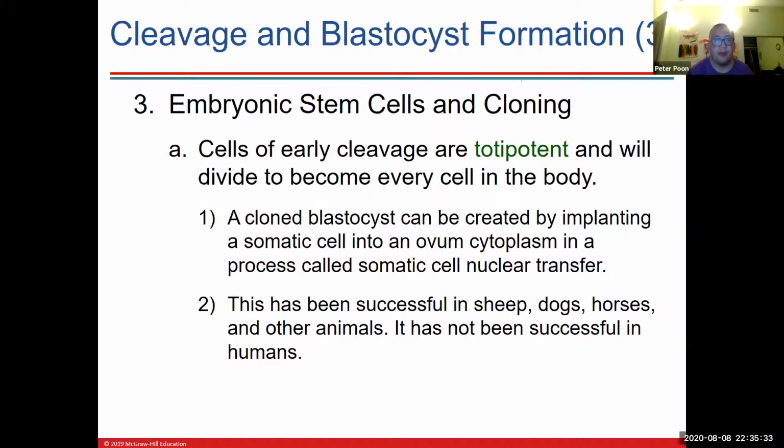This stuff is successful in sheep. I mean, if it's successful in horses and stuff, it's going to be successful in humans. The only reason it hasn't been successful in humans is because we can't do it, morally and ethically and stuff like that.